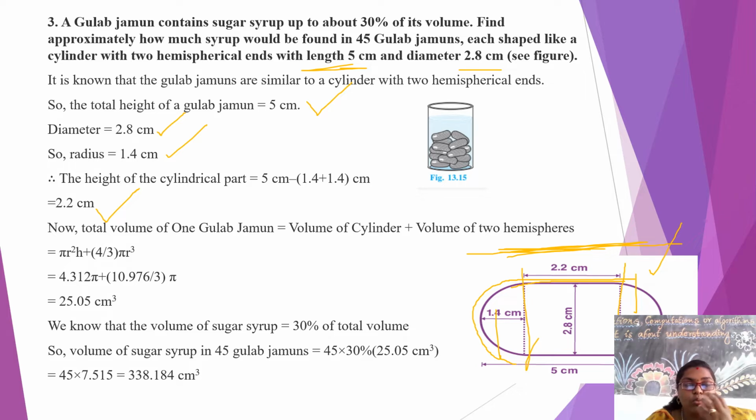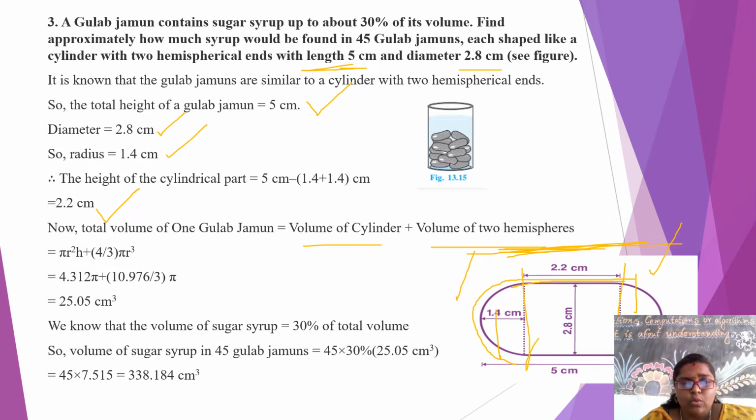Now we have to find the volume of one gulab jamun. So how will we find it? Volume of the cylinder plus volume of two hemispheres. See this figure only. This is the figure which is the combination of two figures. One is a cylinder, another one is two hemispheres.